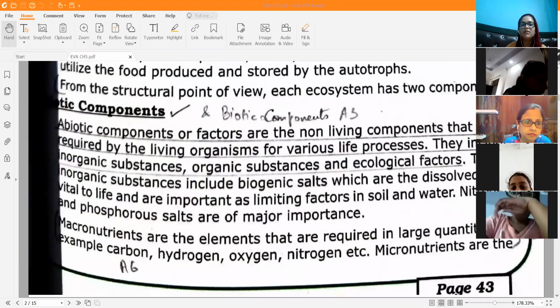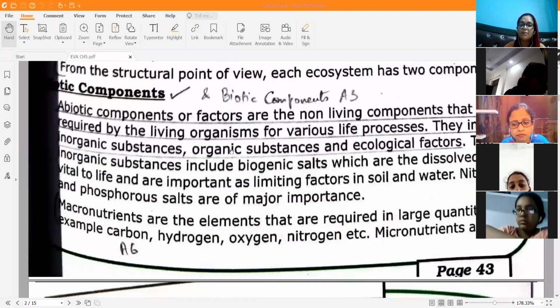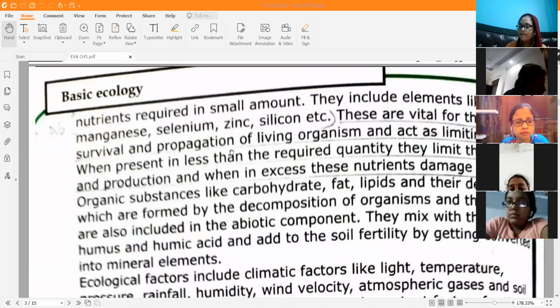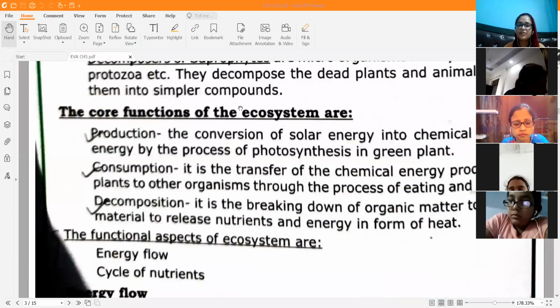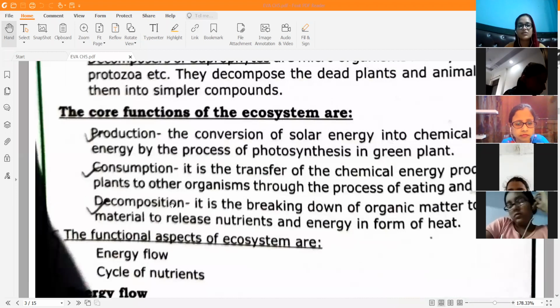Biotic components had the living organisms, that is plants, animals, and microbes. Abiotic contained macronutrients, micronutrients, inorganic substances, and ecological factors, right? Then we talked about the functions of the ecosystem, that is the production, consumption, and decomposition.